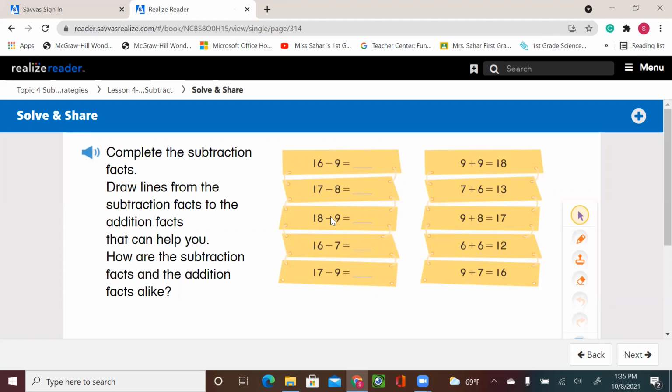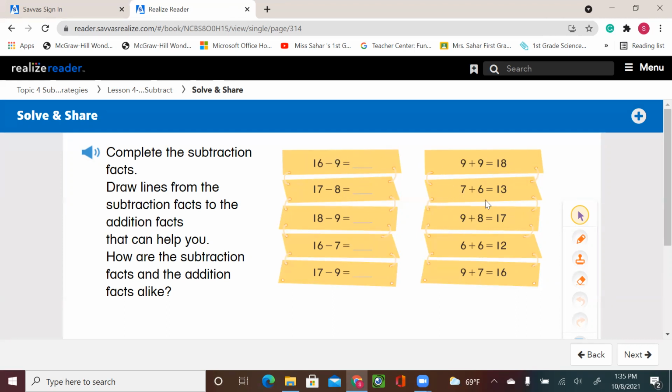All right. We covered in a previous lesson that if you have a whole number and you have one part, we can get the missing part. And we said if we think addition, look at the part I have plus what will give me that whole number I have. So for example, 16 take away 9 equals. I'm asking myself, 9 plus what equals 16?